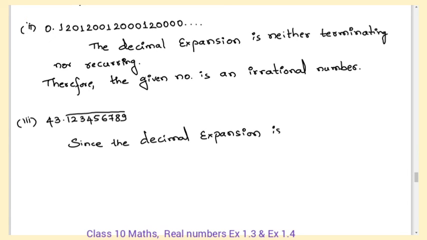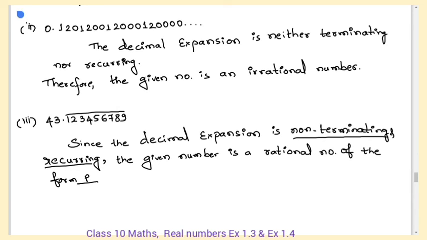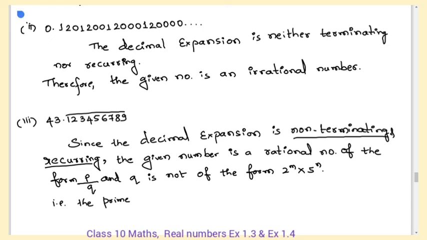Since the decimal expansion is non-terminating and recurring, the given number is a rational number of the form P by Q and Q is not of the form 2 raised to m and 5 raised to n.